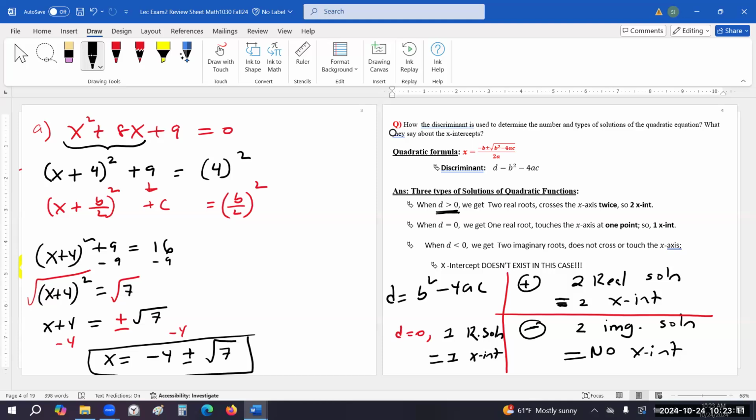And rational, irrational, it means if you have a number that is not reducible. You have to memorize the formula. What is the discriminant? If you have a number under the square root that is not reducible, it's called irrational.